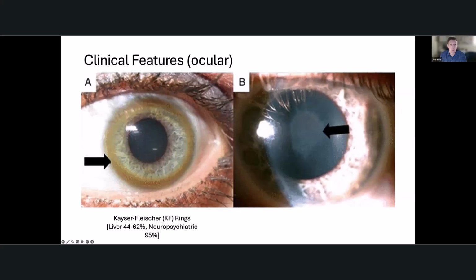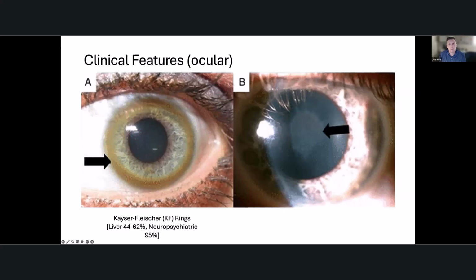In neuropsychiatric presentations, for patients considered for Wilson's disease, this is actually very important. 95% of patients with neuropsychiatric symptoms from Wilson's disease will have Kayser-Fleischer rings, which again are deposits of copper in Descemet's membrane of the cornea.